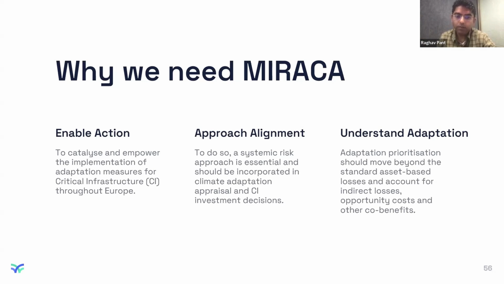We need a systemic risk approach that is generalizable, at a wide pan-European scale, but that also has elements of local knowledge and local understanding, and needs to be incorporated into the climate adaptation appraisal and critical investment decision process.